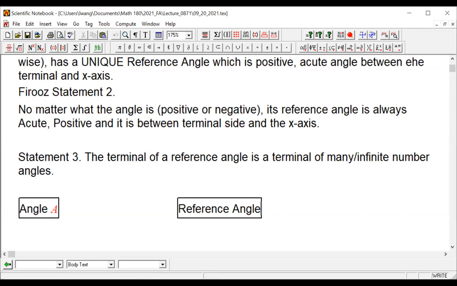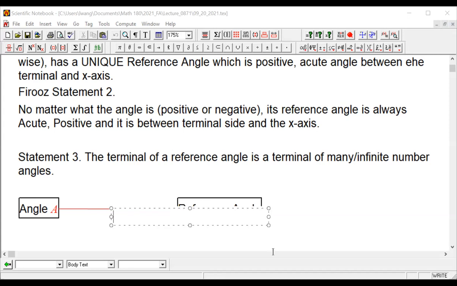From angle A to reference angle, that's a one-way street. It's unique.